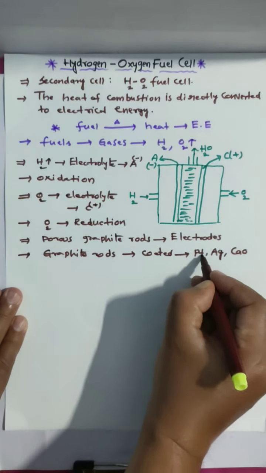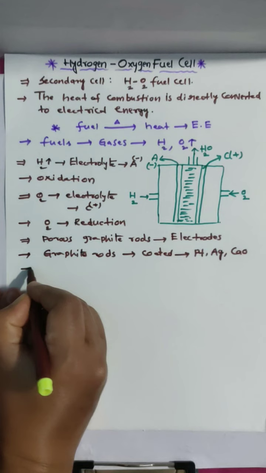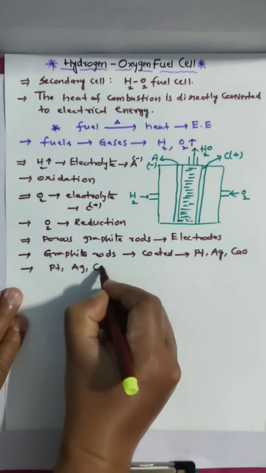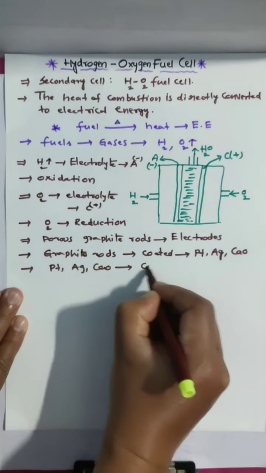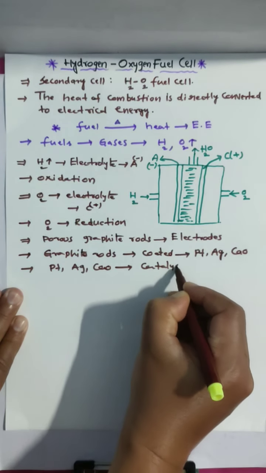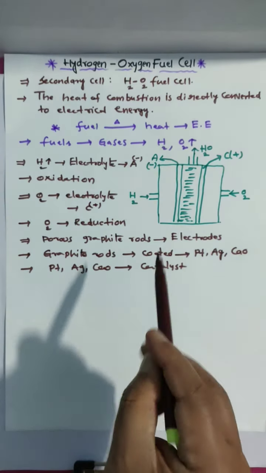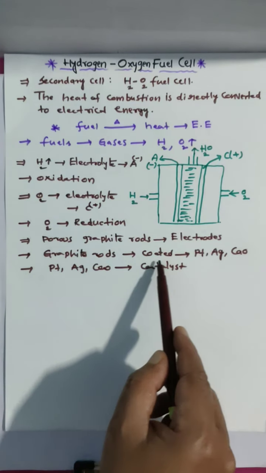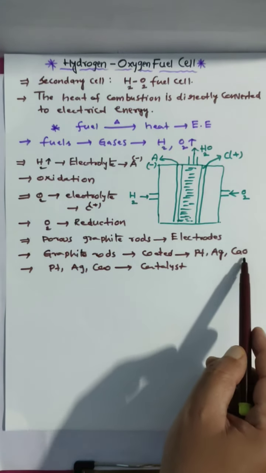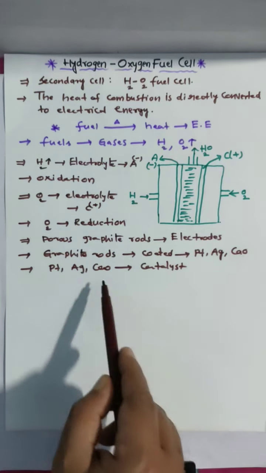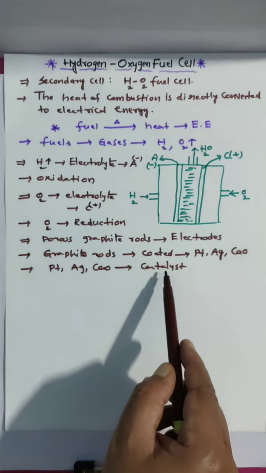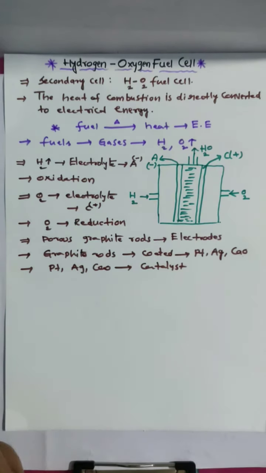So platinum, silver or CaO act as catalyst here. The graphite rods act as electrodes, and these electrodes are coated with platinum, silver or calcium oxide. The duty of these three is to act as catalyst.